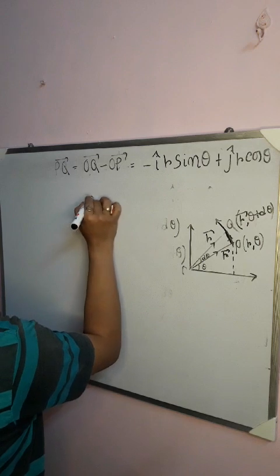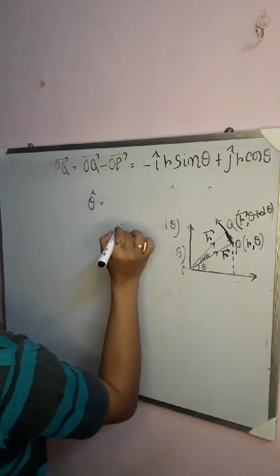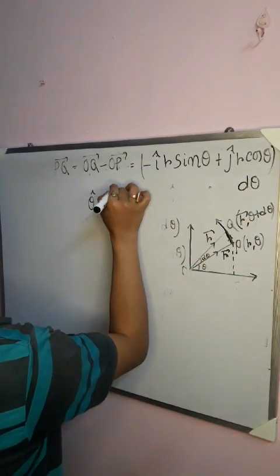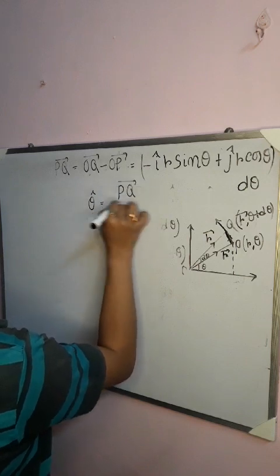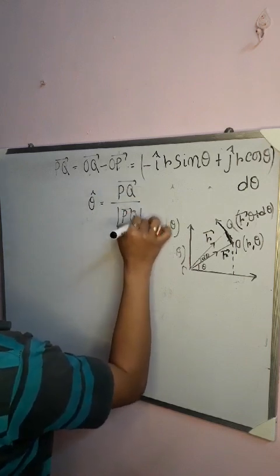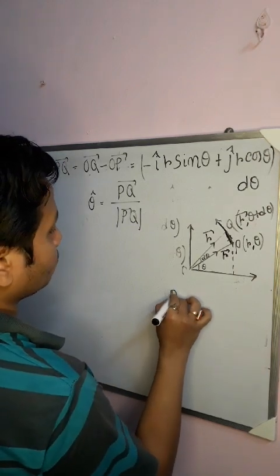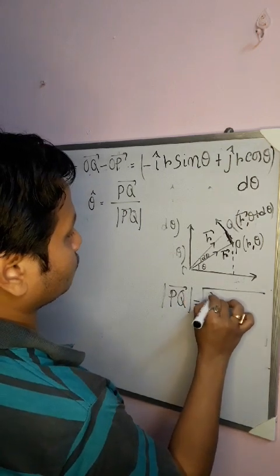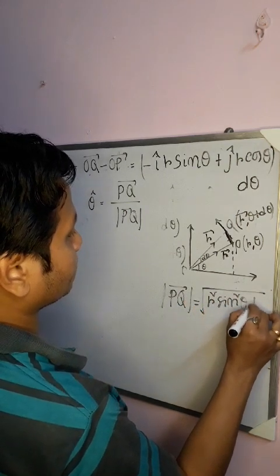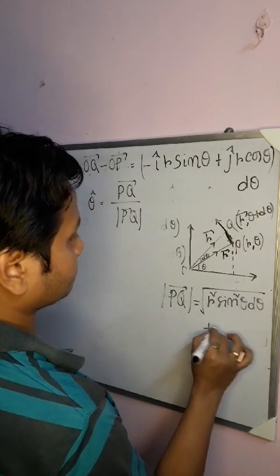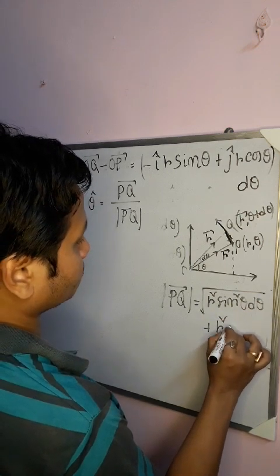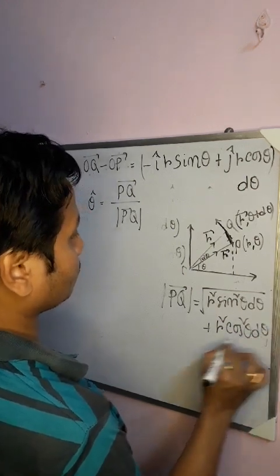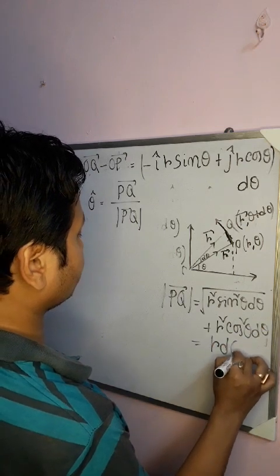So what will be my theta cap? This is simply PQ by mod PQ. And what is mod PQ? Root over r square sin square theta d theta square plus r square cos square theta d theta square, which is simply r d theta.